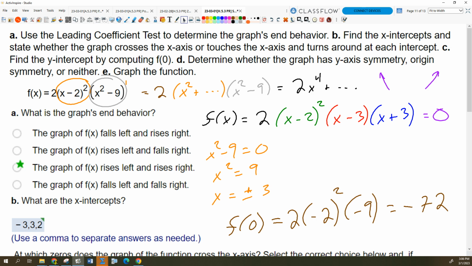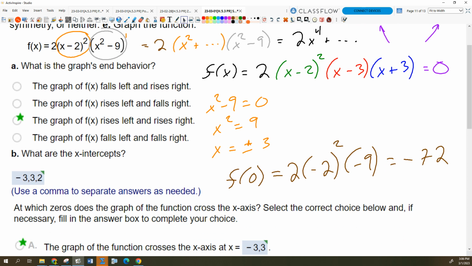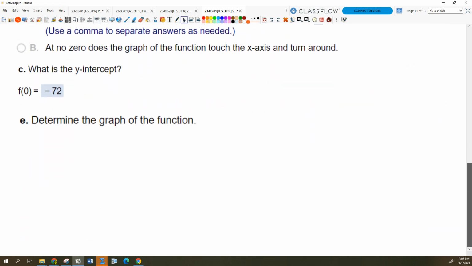Now, what if I graph y equals x squared minus 9? That's a parabola. I just want to show you how we could have done this without factoring x squared minus 9 any further. If I graph y equals x squared minus 9, what's that look like?